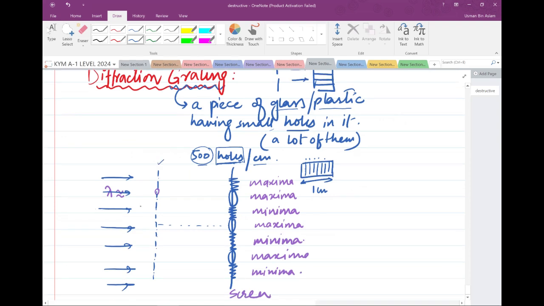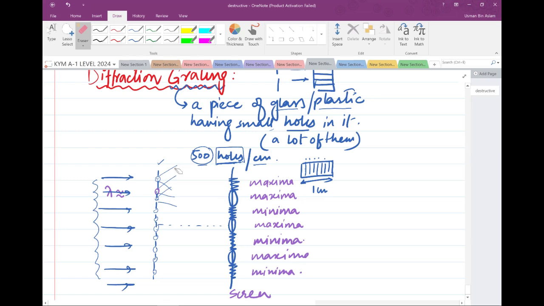When waves are passing through the diffraction grating, every opening here will behave like an independent source of light. Even though all these holes are illuminated from light coming from the same source, when light shines on them, every hole is going to allow diffraction of light that's going to look like this.